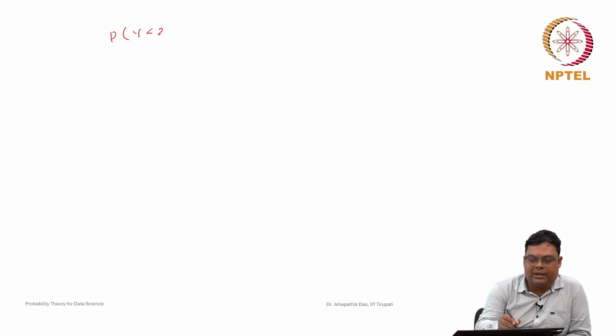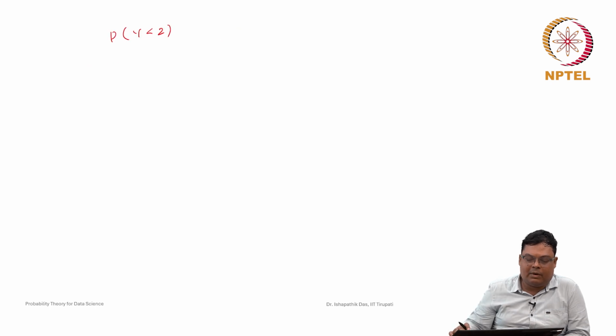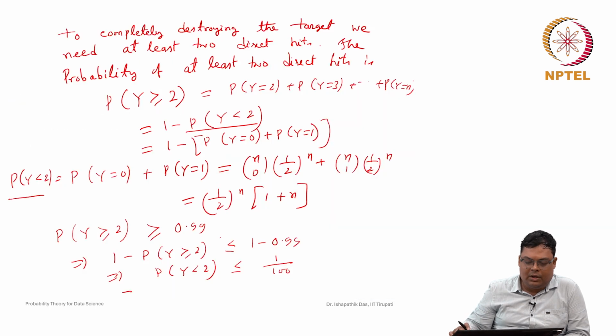What is y less than 2? We found it is (1/2)^n times (1 plus n).